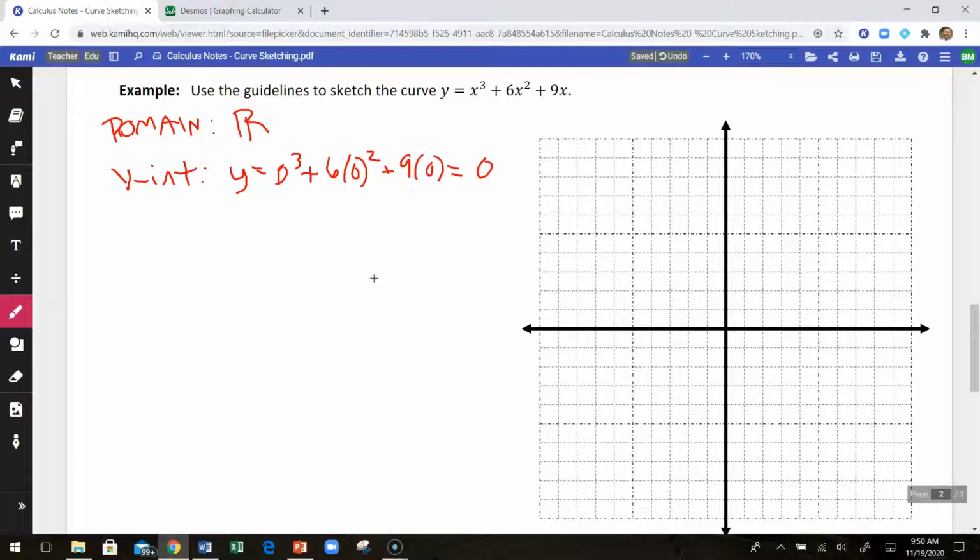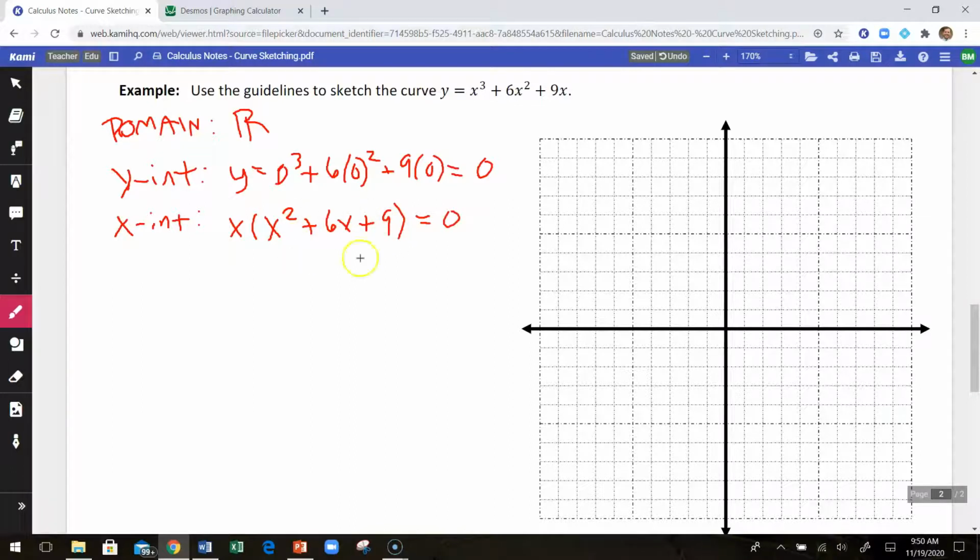Now we could have multiple x-intercepts. A lot of times when you go to find x-intercepts, sometimes it's more challenging than what it's worth. But I want to plug in 0 for y, so I set this function equal to 0. I'm going to factor out x. So we have x times x squared plus 6x plus 9 is equal to 0.